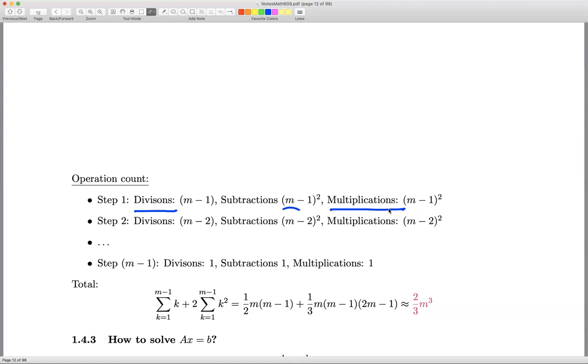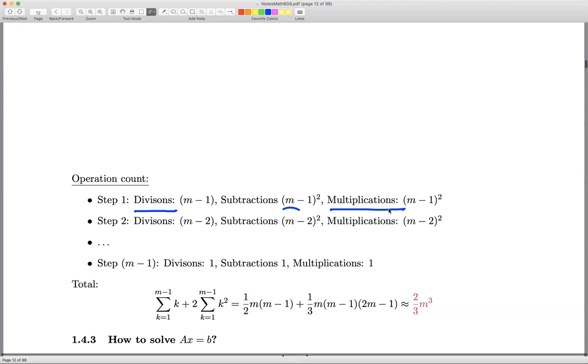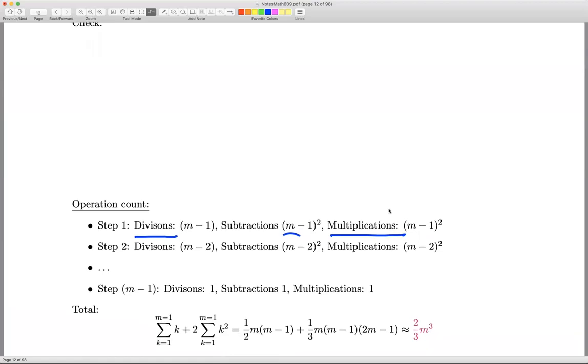In some other books, they count the flops, which are the floating point arithmetic operations, and therefore there is a slight difference in the actual number that you end up with, but we are going to do the flops. And so let's first look step by step at what is happening and see how many divisions, subtractions, and multiplications we have.